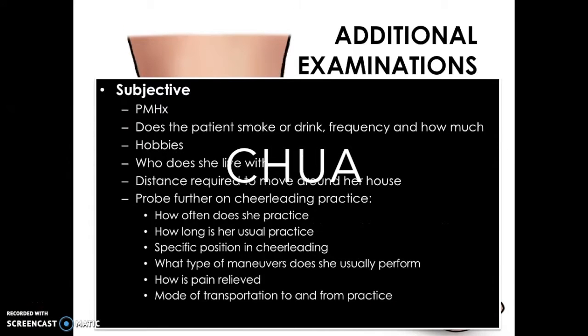Additional examinations: we should take the patient's past medical history. Does the patient smoke or drink? We want to know the pack-years and the frequency of how she drinks, like occasionally, weekly, once a week, or so on.